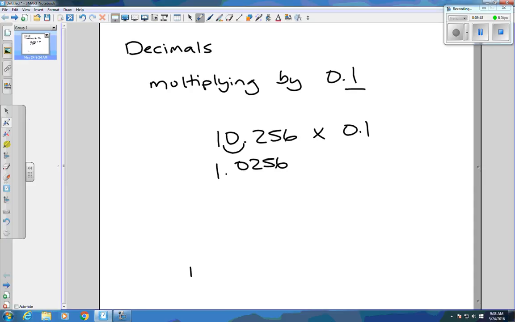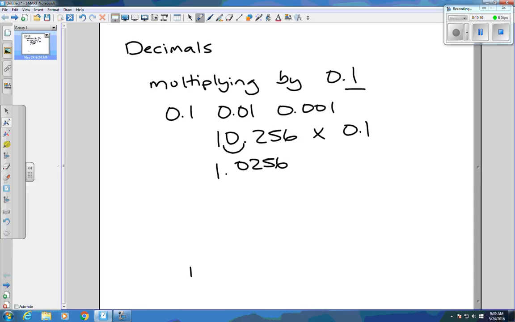Okay? Now let's talk about multiplying by the power of 100th. Okay? 100th is very different from 100. So your power of 1/10 can be 1/10. It can be 100th. It can be 1,000th.